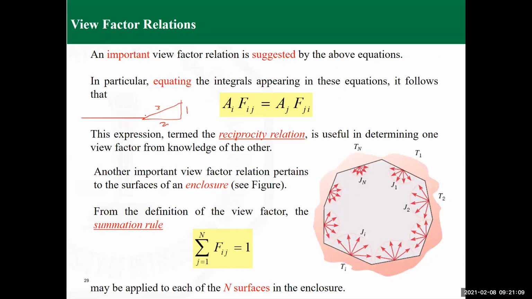So if F12 is known, then I can use this equation: F from 1 to 2 plus F from 1 to 3 is equal to 1. If I know this one, then I can determine this one. And this applies not only for a 3-surface system, but for an n-surface system as the one that we can see here. So this is the second property of the shape factor.